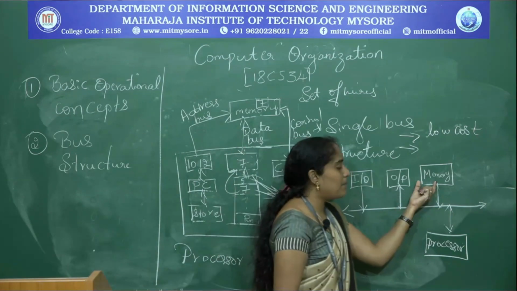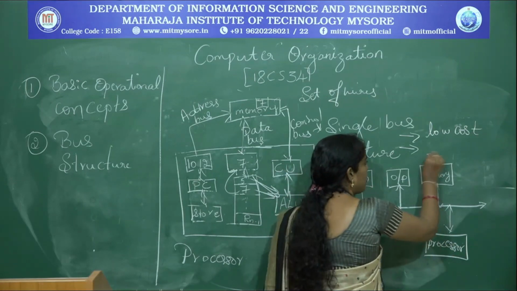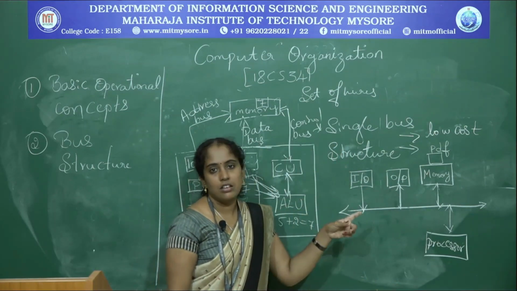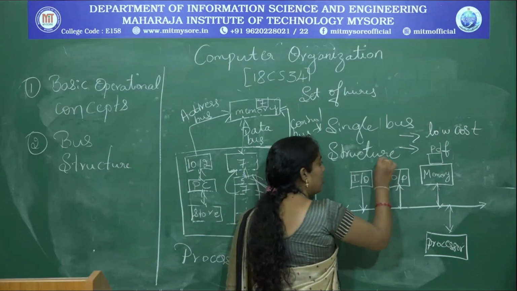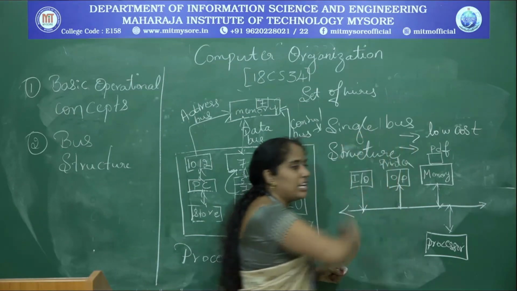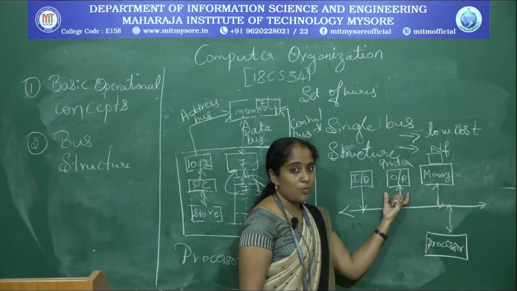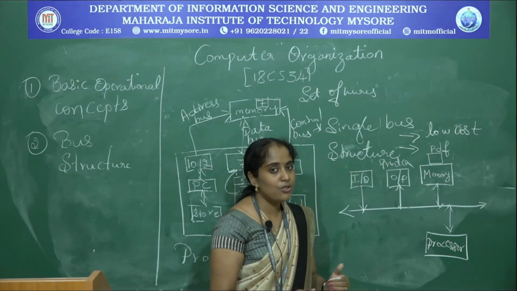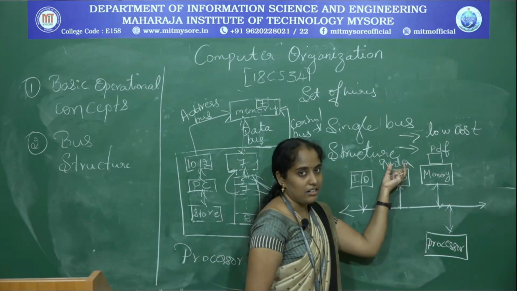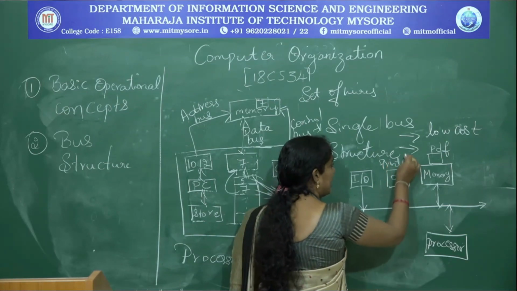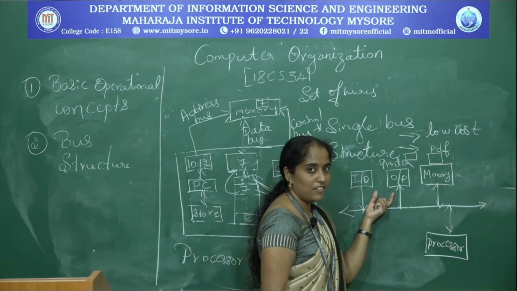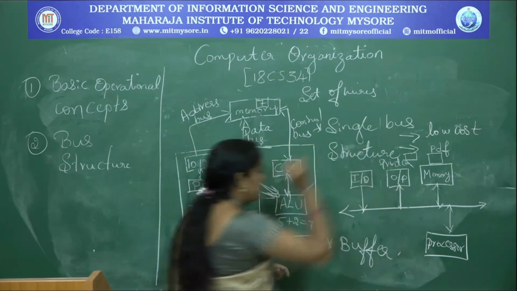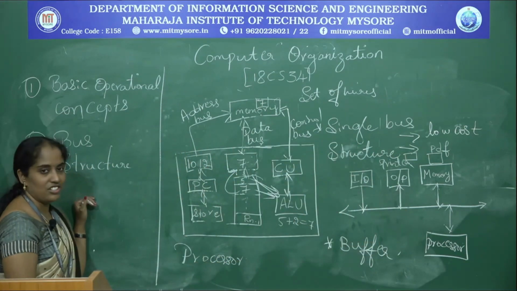Say your memory contains a 5-page PDF that you need to print, and your output device is a printer. The speed of the memory and the output device is different, so for synchronization purposes we use a buffer inside the printer, right. This is all about your bus structure, right.